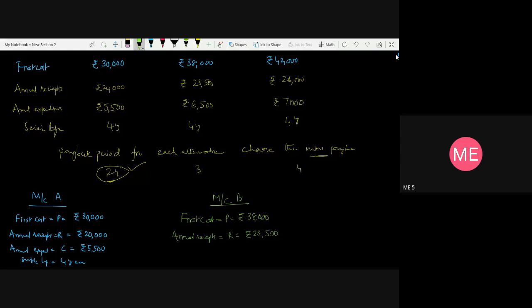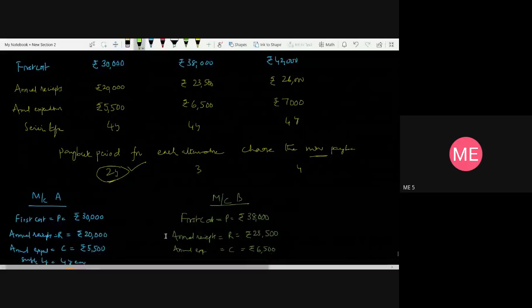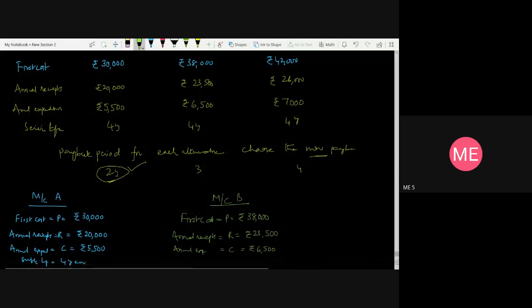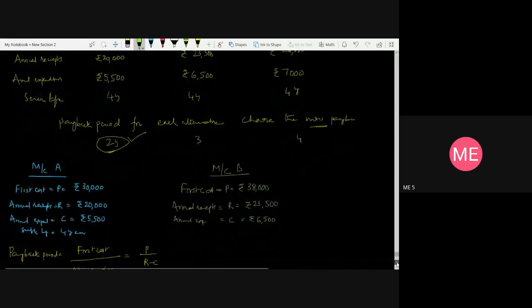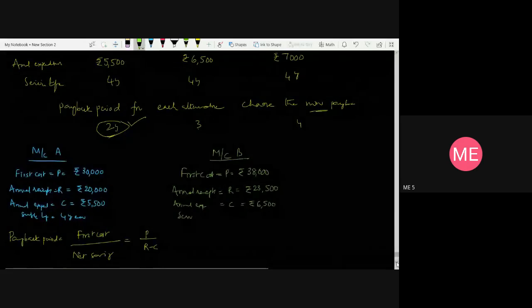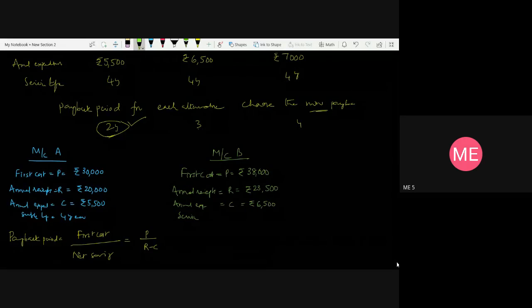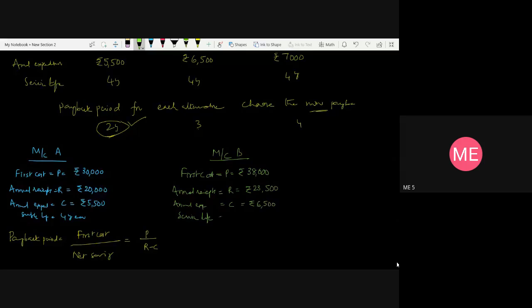And annual expenditure, C, is rupees 6,500. And the service life is also given. Whatever data is given, write it down even though it is not required in your calculation.